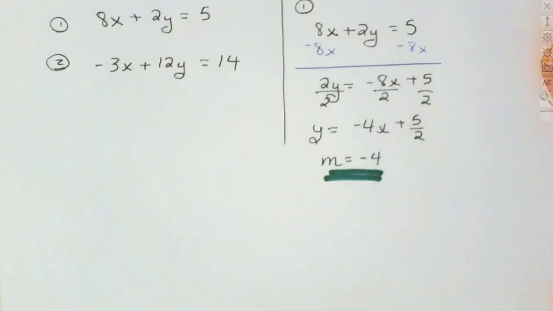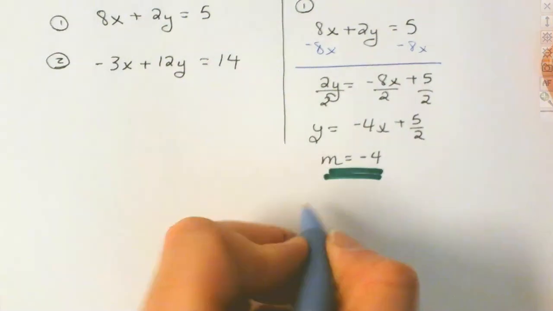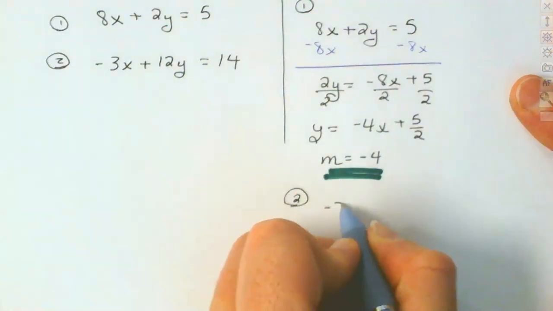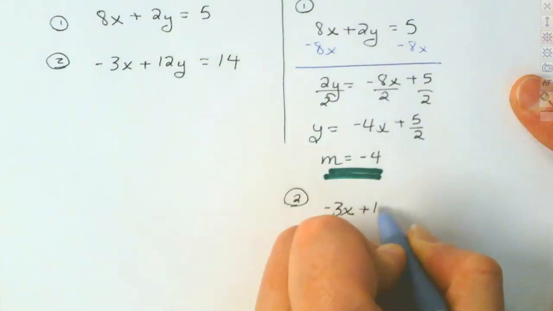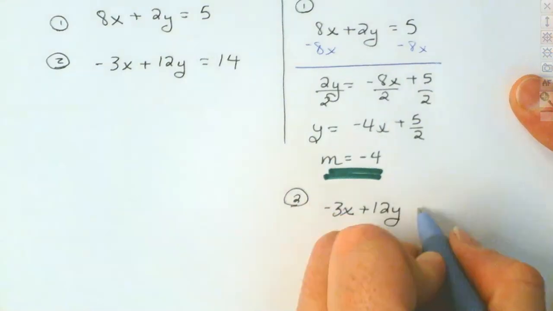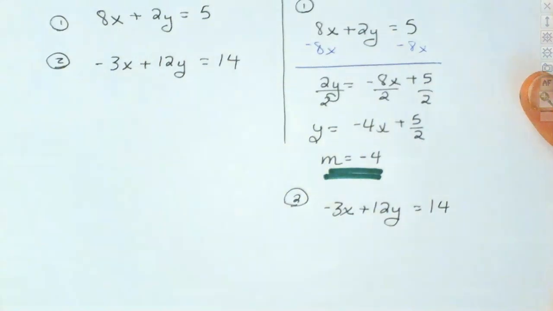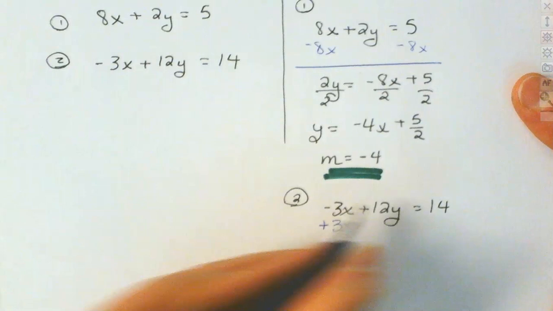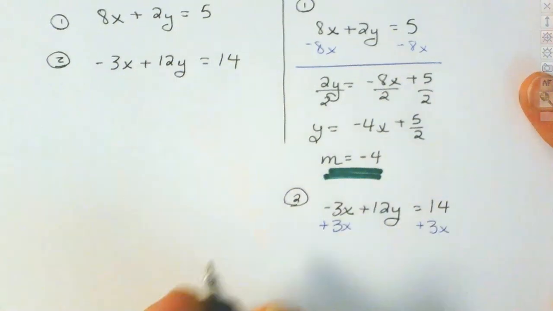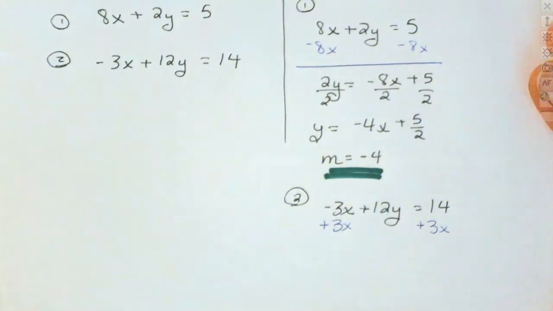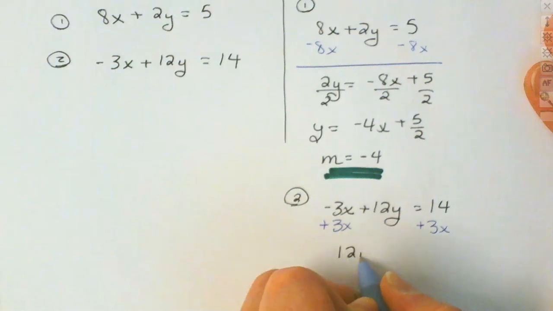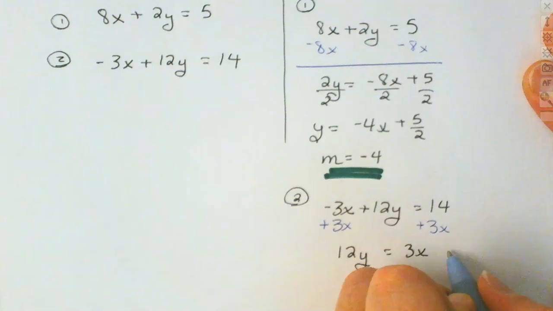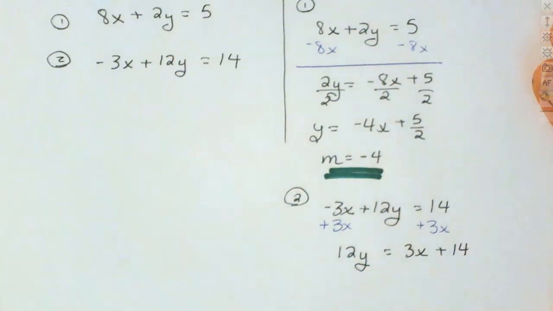So let's take the next one, which is negative 3x plus 12y equals 14. So we're going to move that 3x over with addition because it's subtraction. So move it over with addition. And now we've got 12y equals 3x plus 14.